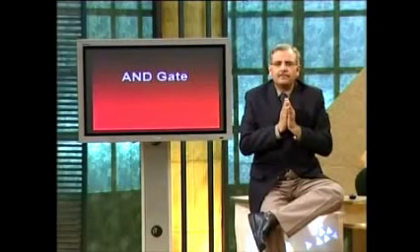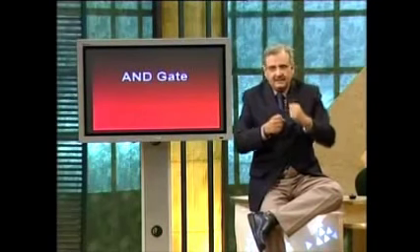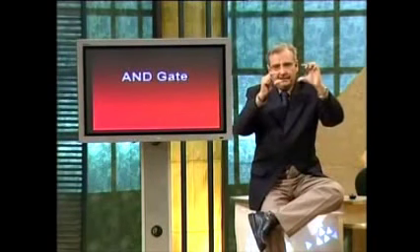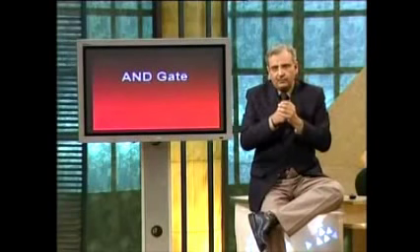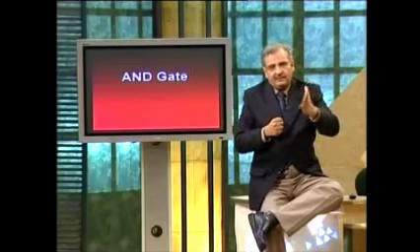What would be the function table of a 4 input AND gate? Well, it would have 4 input columns A, B, C, D and a single output column F. How many possible combinations are there? Remember, it is a 4 bit input. So if you use a 4 bit input binary number, you can get 16 different combinations. So for 16 different input combinations there will be 16 different outputs.